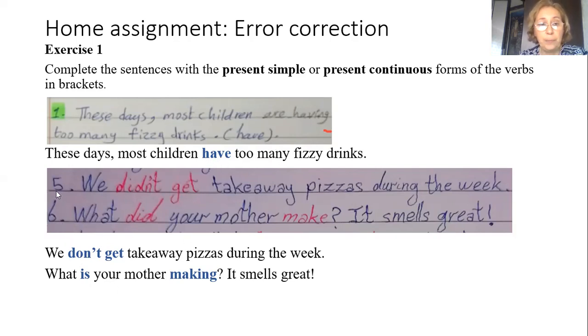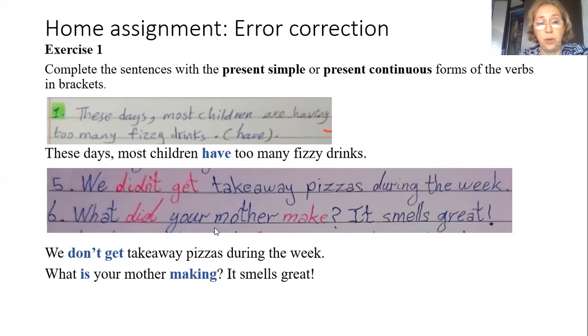As for the next sentences: we didn't get takeaway pizzas during the week. The student used past simple, but it should be present, continuous or simple. So it's better to say we don't get takeaway pizzas during the week.